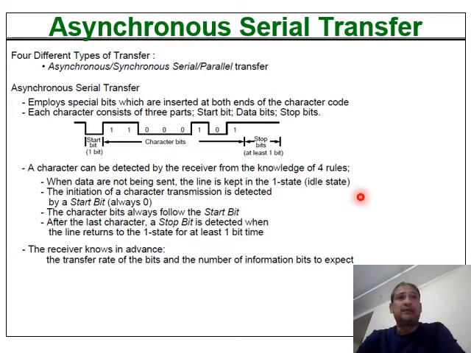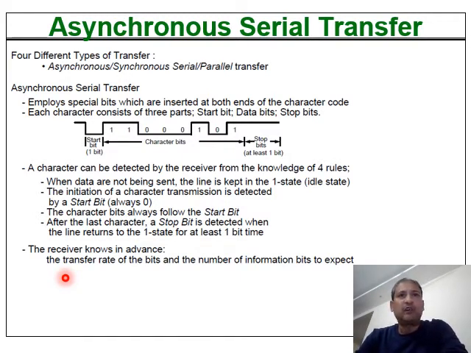An important point is that the transfer rate and the number of information bits which make up one character must be agreed upon between the source and the destination beforehand. Let me repeat, the transfer rate of the bits and the number of information bits to expect are two very important parameters. Why?